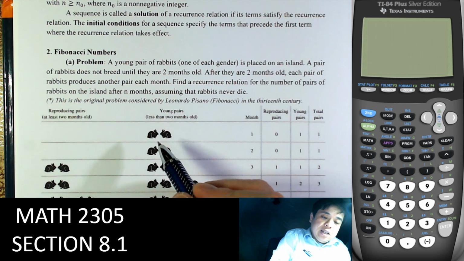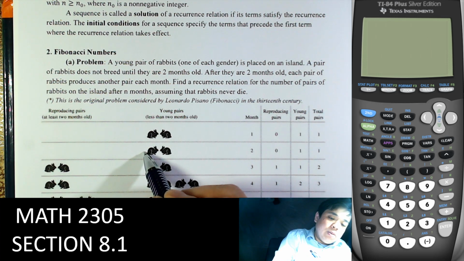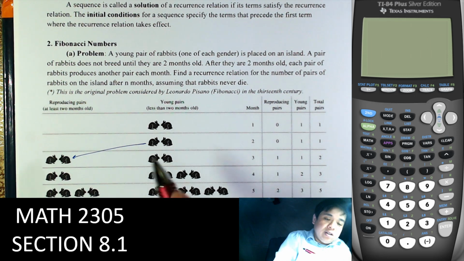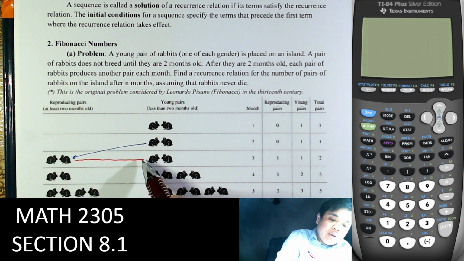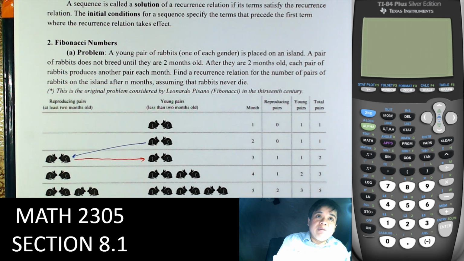Now let's say we have a pair of young rabbits that mature to 2 months old. After 2 months, they give birth to a young pair of rabbits, and that pair stays alive throughout.